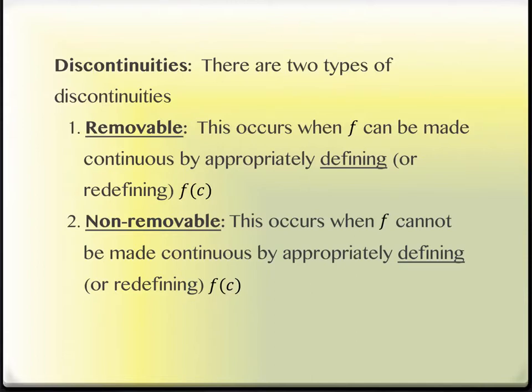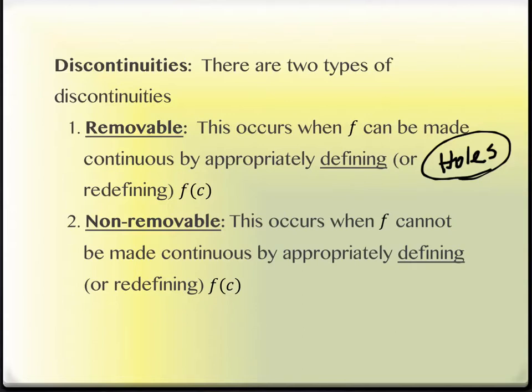Visually, removable discontinuities happen when you have holes. If there's a hole in the graph, if there's this cancellation happening and things get removed, right? The absolute value one's a little different. But the second problem that we did with the rationalizing, there's a hole in the graph. That's why that's happening.